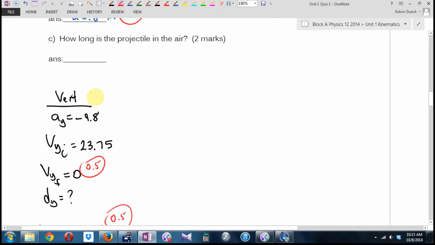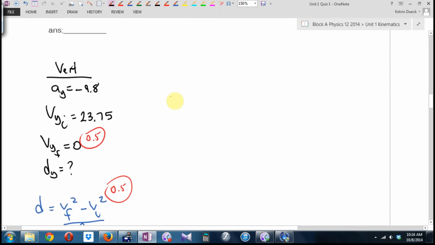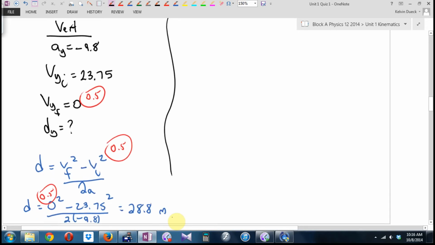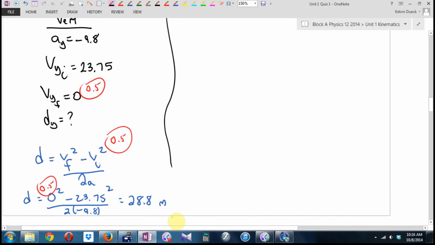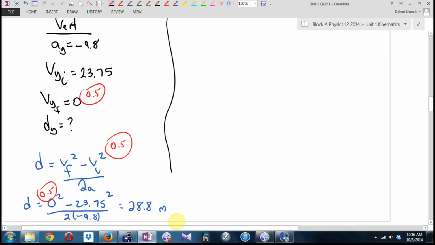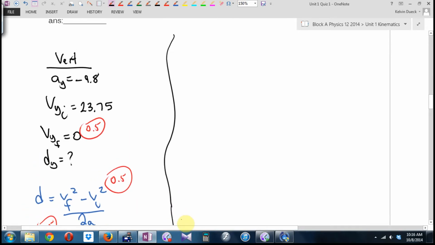Kyle, what's part C asking me to find? Time. You know what? I think I'm going to do that vertically, but now, if I had found time in part A, the shortcut would be I could just double it. I don't have time. So, okay, let's redo.